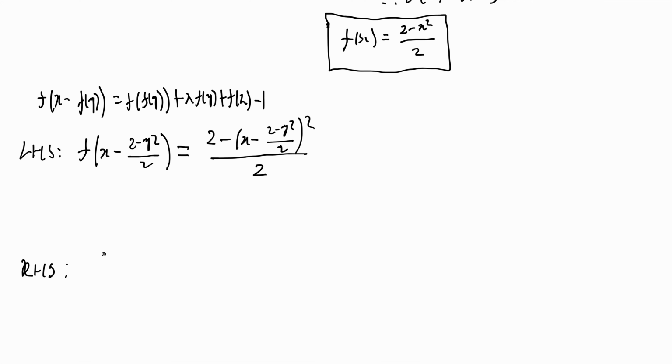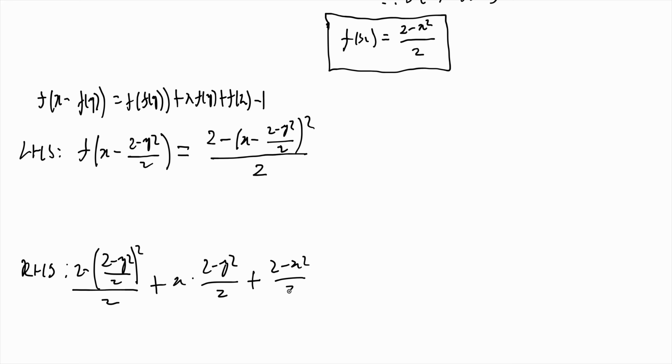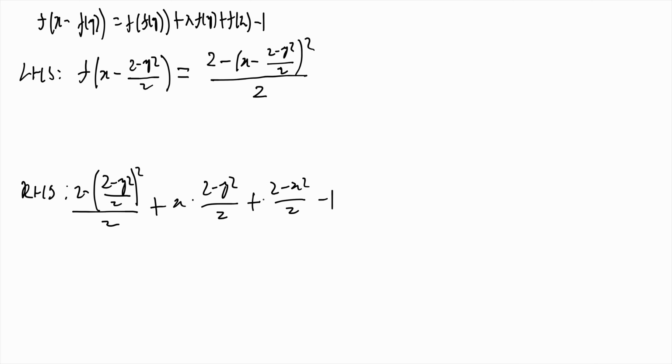We have 2 minus y squared over 2, squared, plus x times 2 minus y squared over 2, plus the f of x term, 2 minus x squared over 2, minus 1. If these two are equal to each other, then we prove it.